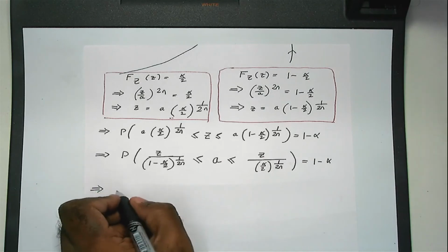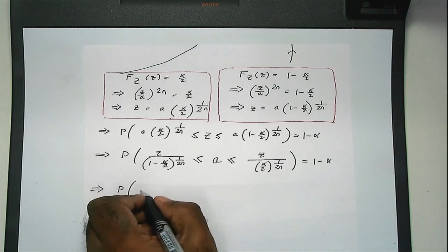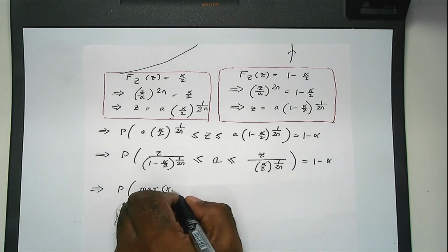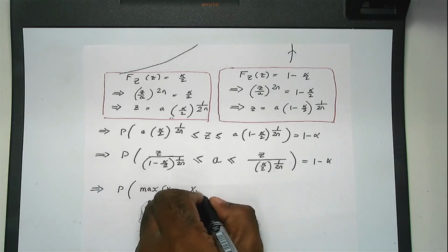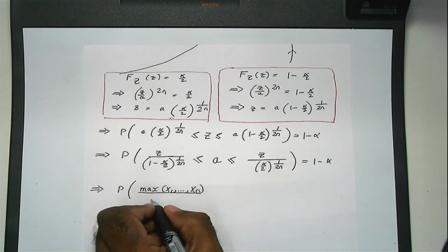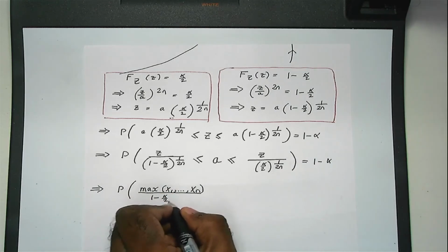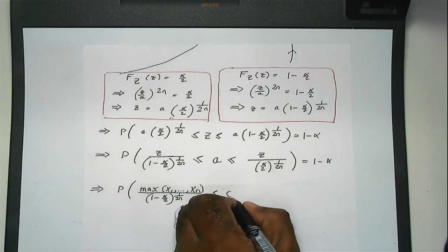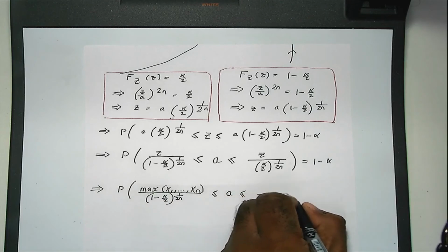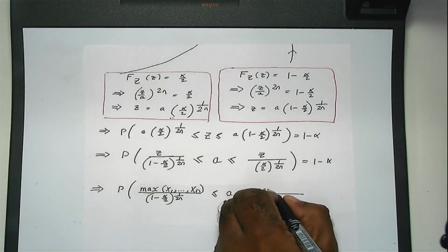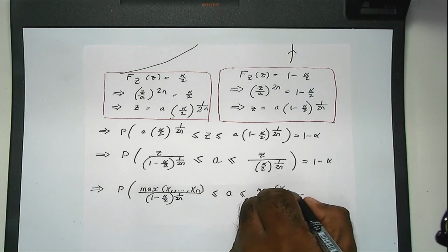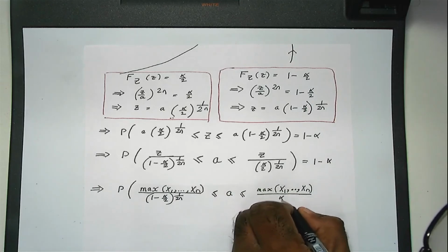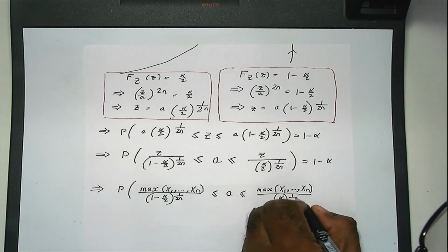So the probability that the max of x1 to xn divided by, equal to 1 minus alpha.